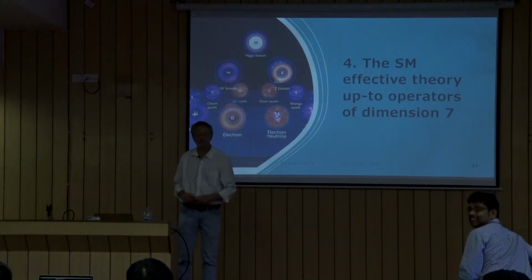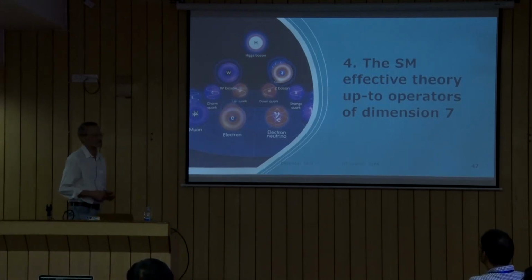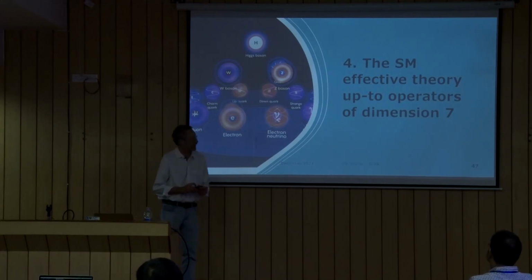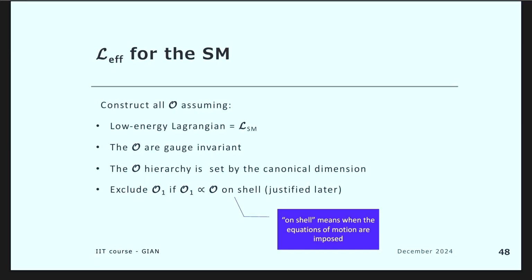So, welcome back. I'm going to continue where I left off earlier today. I'm going to remind you briefly that we're looking in this part at the effective theory that corresponds to the standard model as a low energy effective theory, assuming that the underlying physics is weakly coupled and decouples.